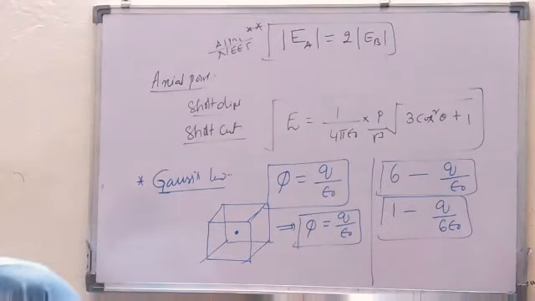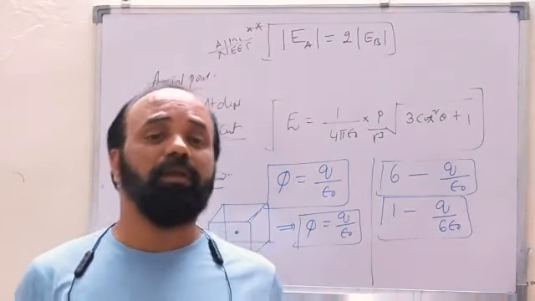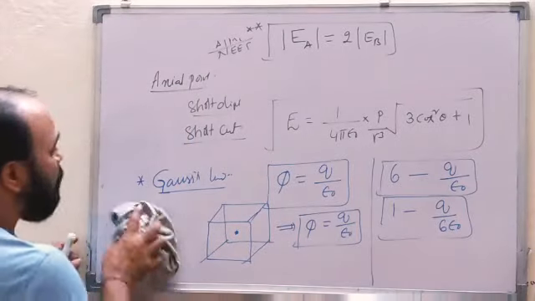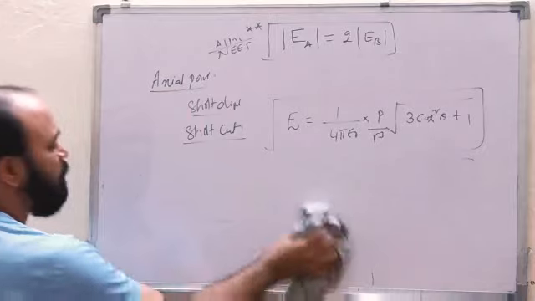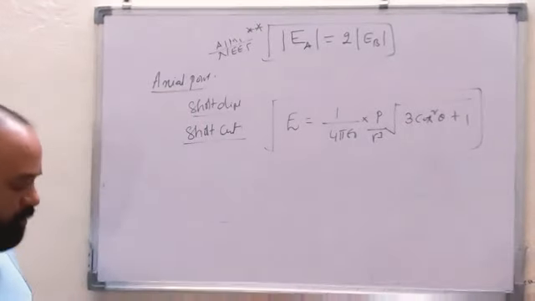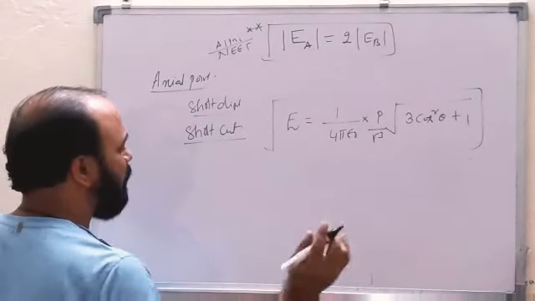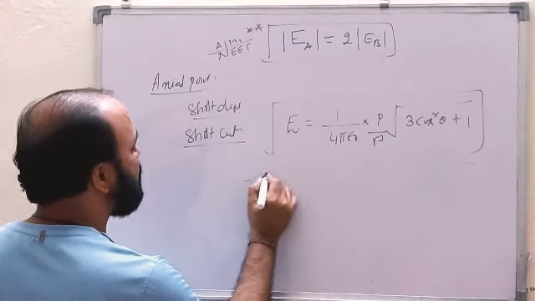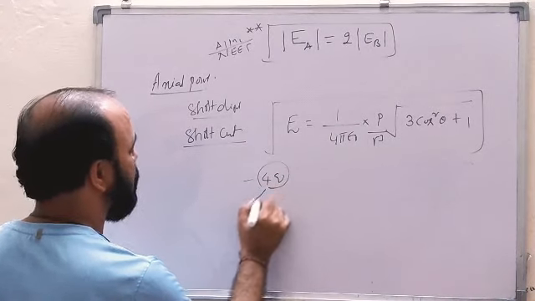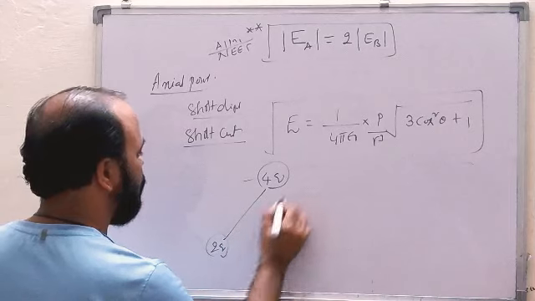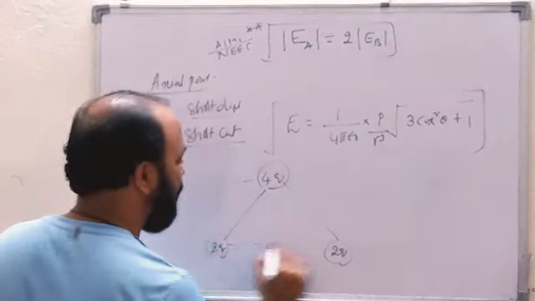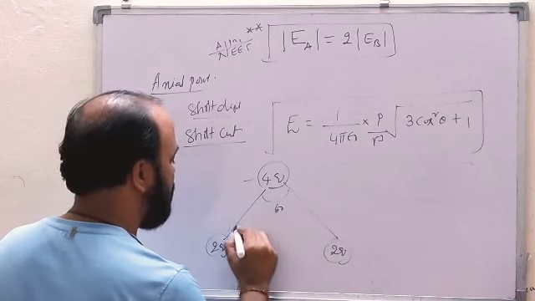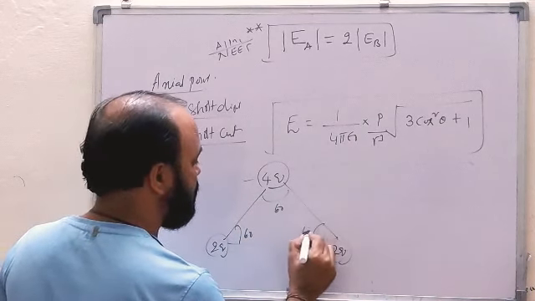And one more thing is there, quadrupole. Quadrupole means it's a combination of 2 dipoles. I think one time they gave minus 4q, 2q and 2q. They are arranged with 60 degrees here, here and here.